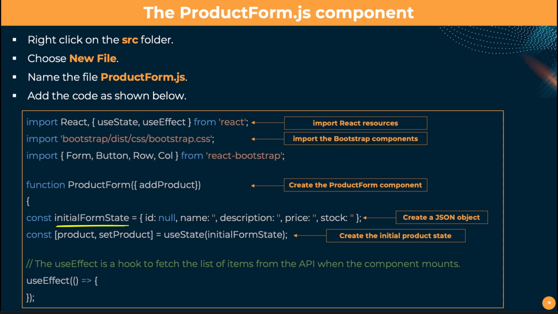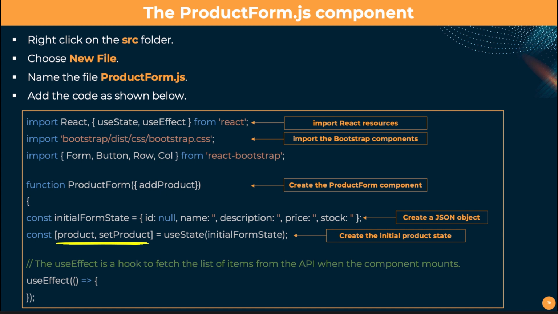We set up an initial form state, a constant called initial form state. It has an ID of null, name blank, description blank, price blank, stock blank. That's the initial form state. We then create another constant called product, and when we want to set the product, then we use the set product, the setter.